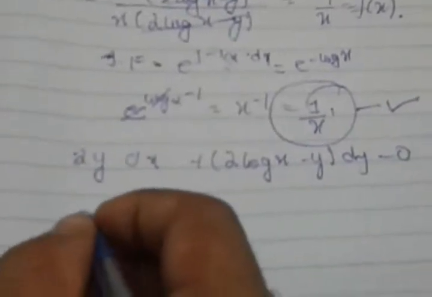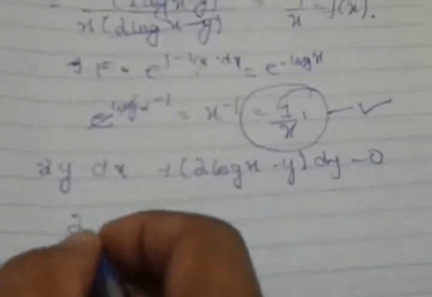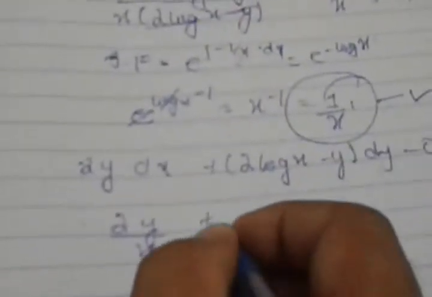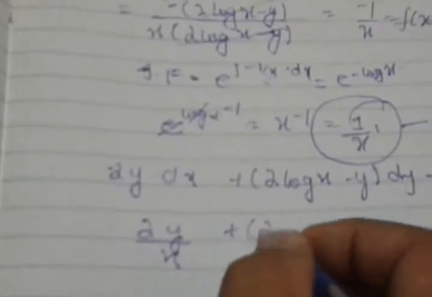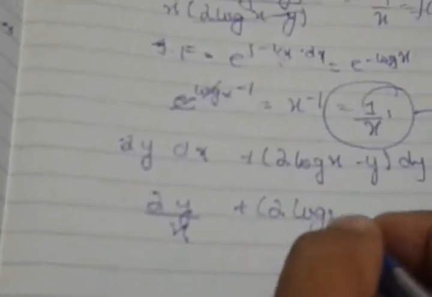After multiplying by the integrating factor, it becomes 2y over x dx plus (2 log x minus y) dy, where we took x common and cancelled it.